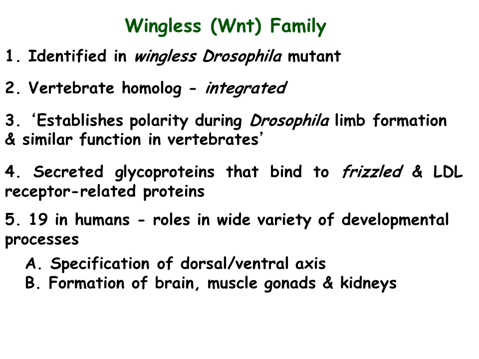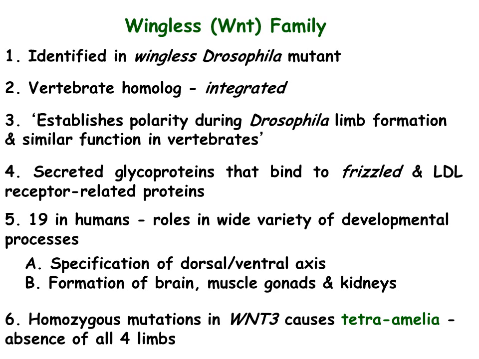Again, specification dorsal ventral, formation of brain, muscle, kidneys, gonads, and there are homozygous mutations in one of them, wingless 3, which causes tetraamelia, absence of all 4 limbs.